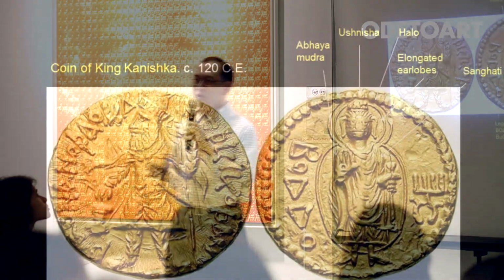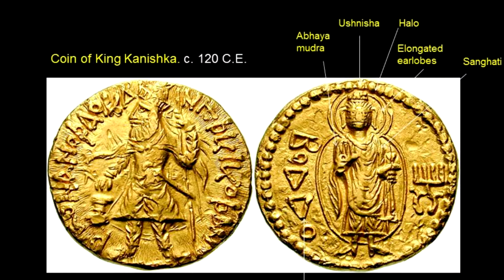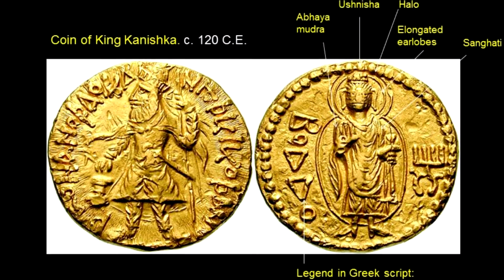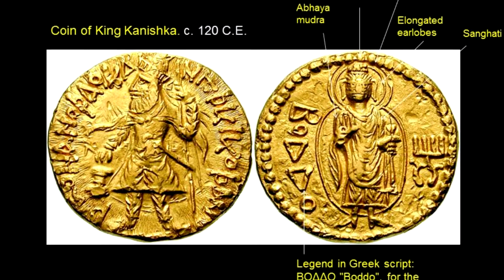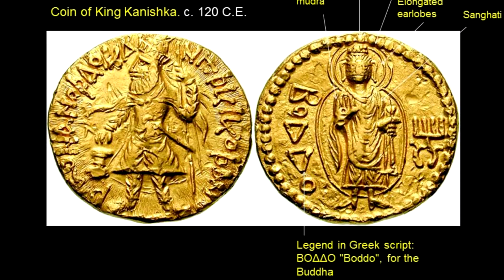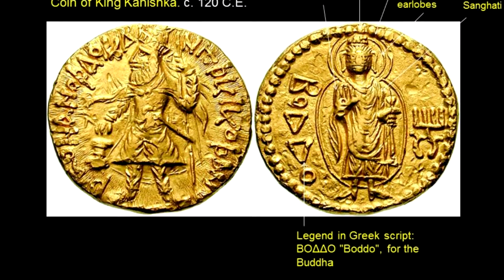Now, this is arguably the earliest image that is probably in existence, which is actually depicted on a coin called the coin of King Kanishka. What you see there is the front and the obverse.